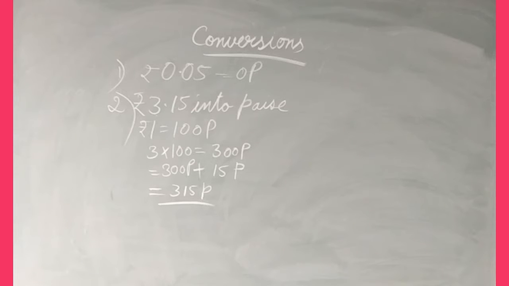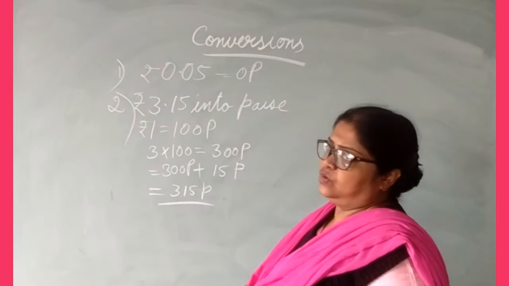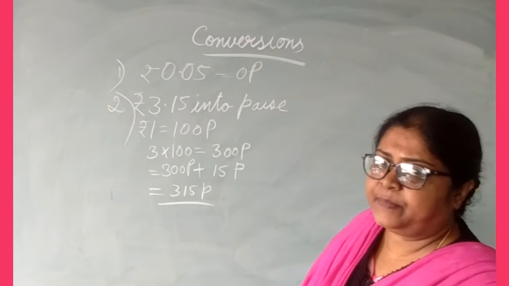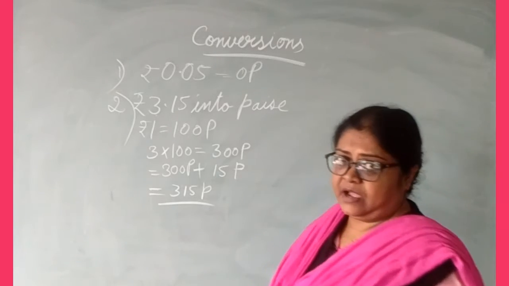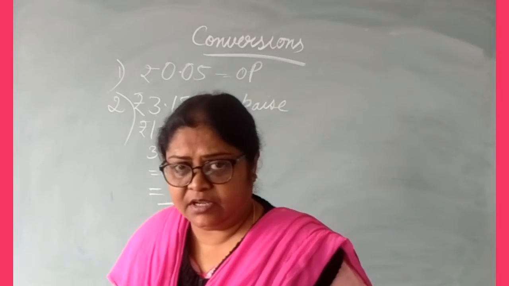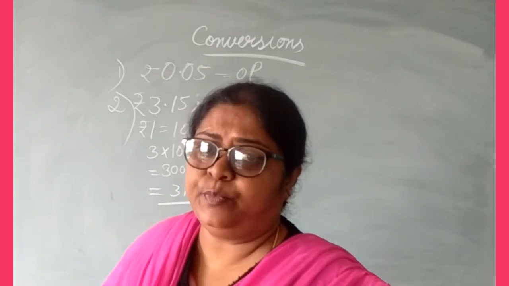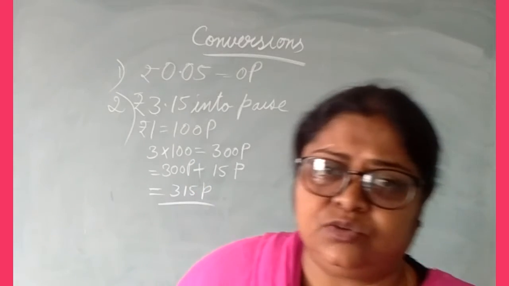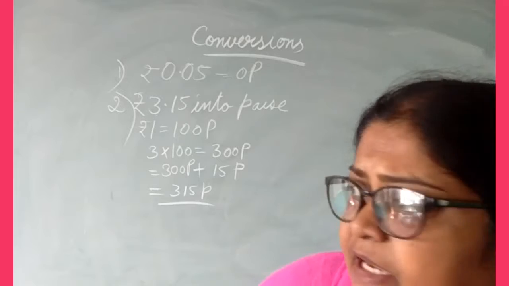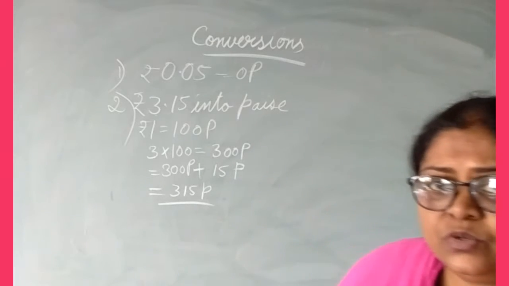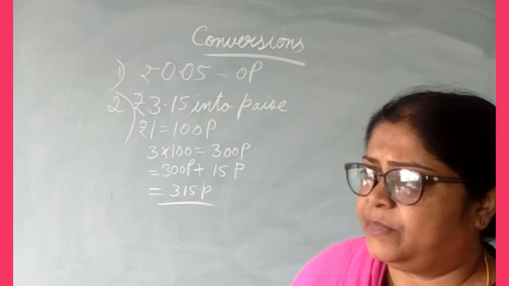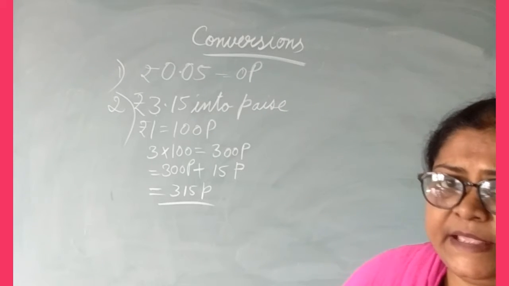So you are knowing that 1 rupee is equal to 100 paisa. So 3 rupees equal to what will be there? 300 paisa. You will multiply 3 with 100, then you can convert this 3 rupees into paisa. When you multiply 3 into 100, what answer are you getting here? 300. So you have converted 3 rupees into paisa.